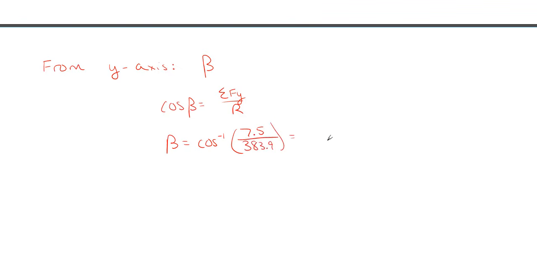And my beta angle will pop out to be 88.9 degrees.